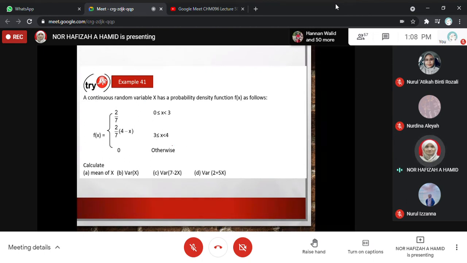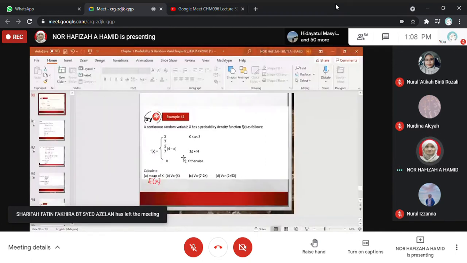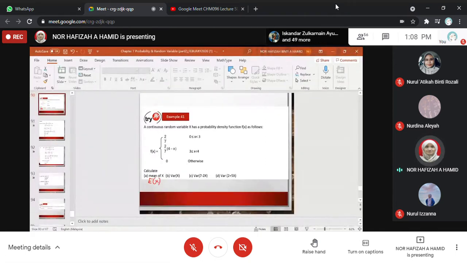Okay, so for A, we need to find the mean of x. The mean of x means that we need to find the EX. So to find EX, you need to refer back to the formula for EX.